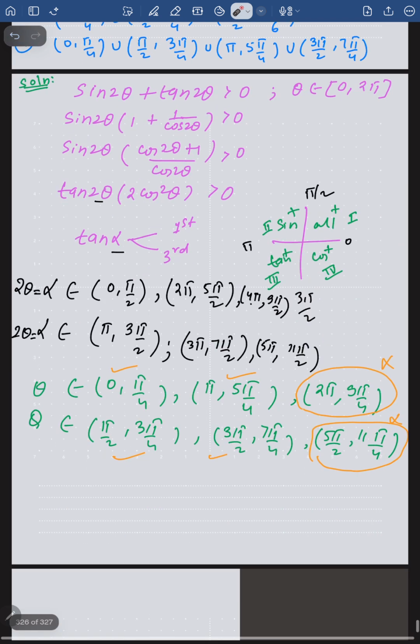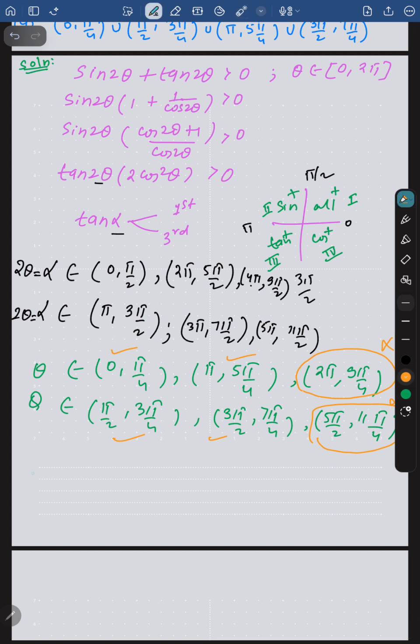So we will just write the correct option: theta will belong to 0 to pi by 4 union pi to 5 pi by 4 union pi by 2 to 3 pi by 4 union 3 pi by 2 to 7 pi by 4, and this is option D, correct.